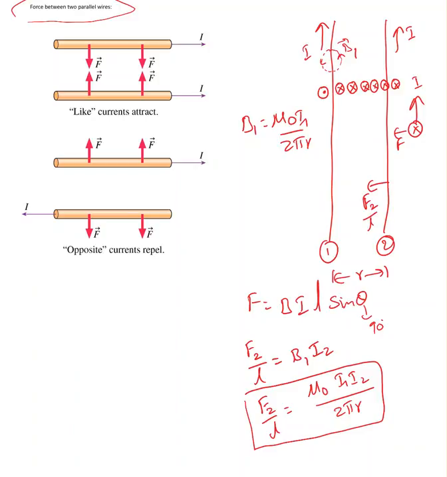Same way, this is F2. If you look at F1, the magnetic field by conductor 2, with current going up, is going to be something like this.